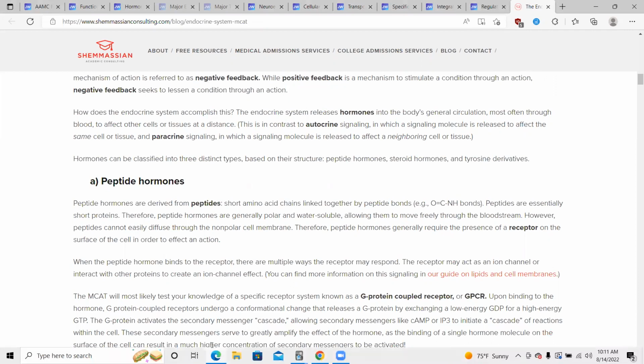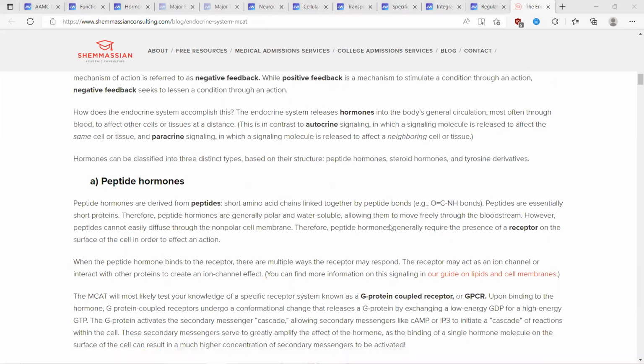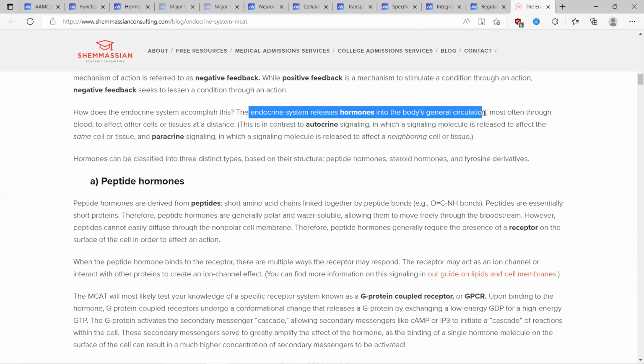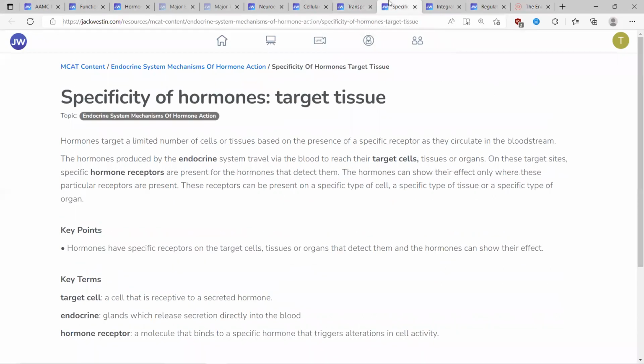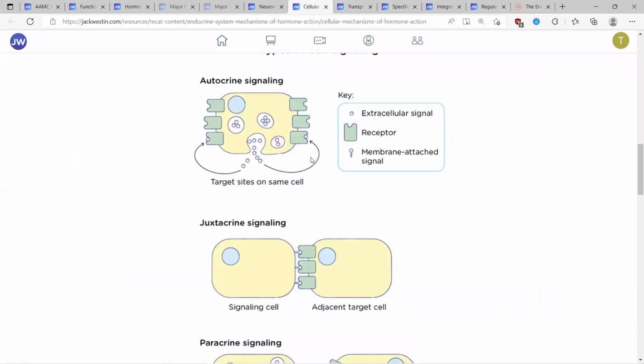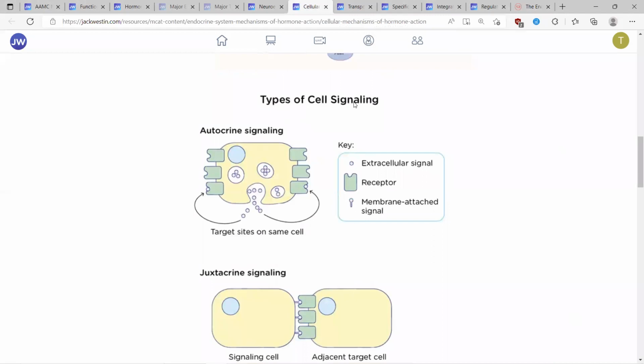So how do we do this? How do we get these hormones around our body to have an effect and do things, right? The endocrine system releases hormone into the general circulation, meaning into the blood, and that's actually what endocrine means itself. There are different types of cell signaling.